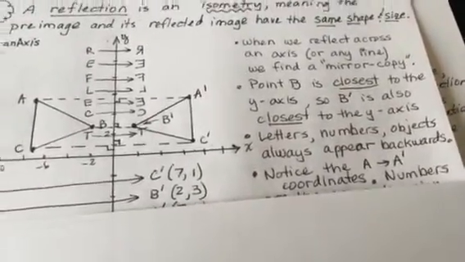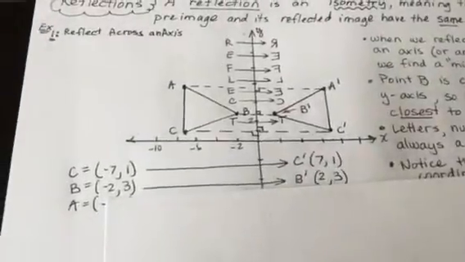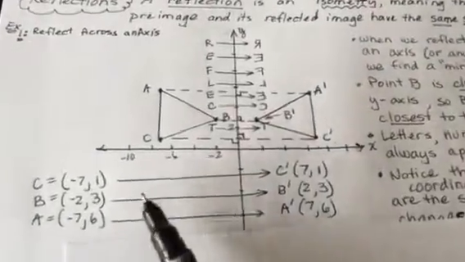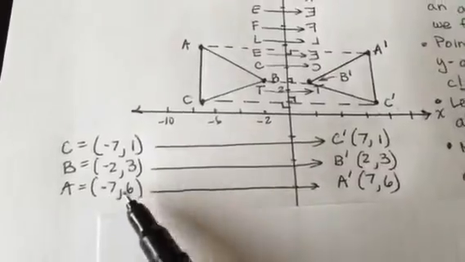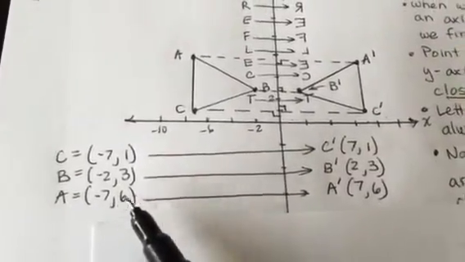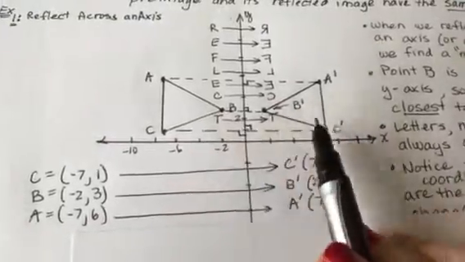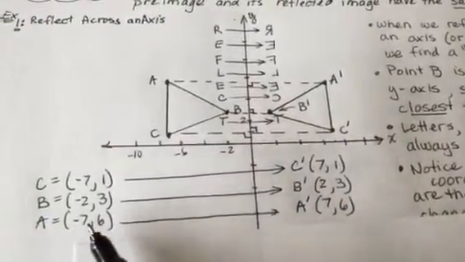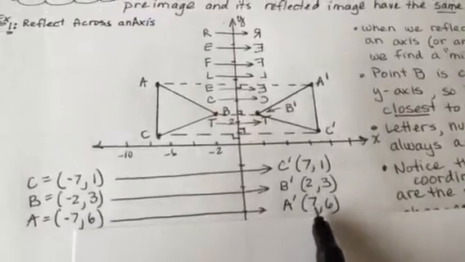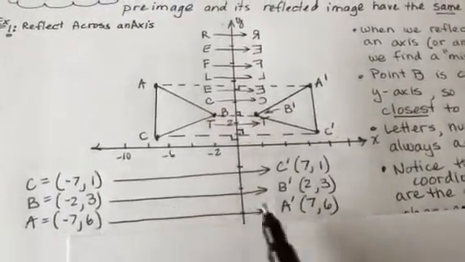Notice the A to A prime coordinates. Let's look down at A. A starts at -7, 6 as its coordinate. When it comes over across the y-axis and reflects over, the -7 changes to a 7, and the 6 remains a 6.